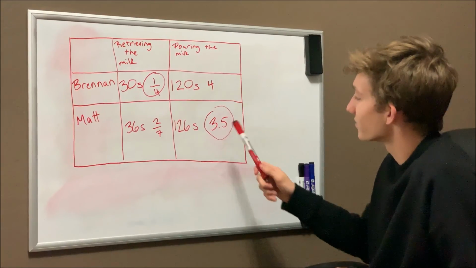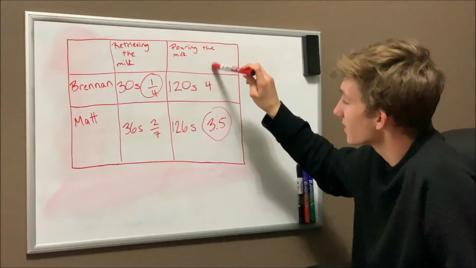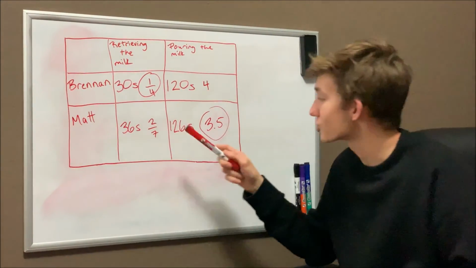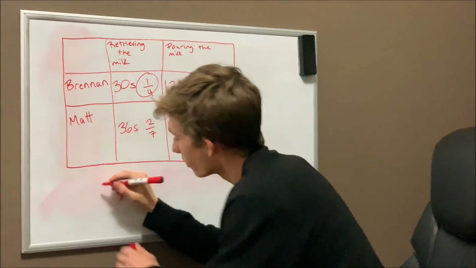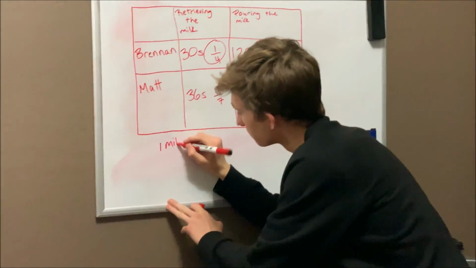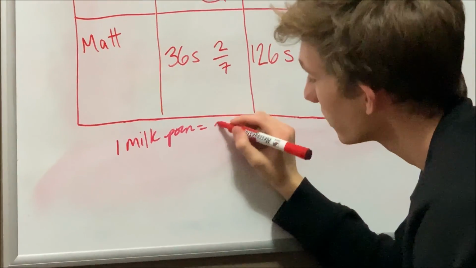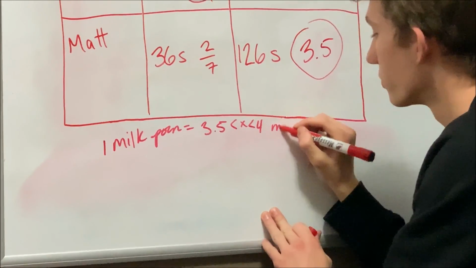So because my comparative advantage is lower than Brennan's, that means that in the time that it takes for me to pour 1 glass of milk, Brennan should have retrieved the milk between 3.5 and 4 times. So what we can write here is that 1 milk pour is going to be equivalent to between 3.5 and 4 milk retrievals.